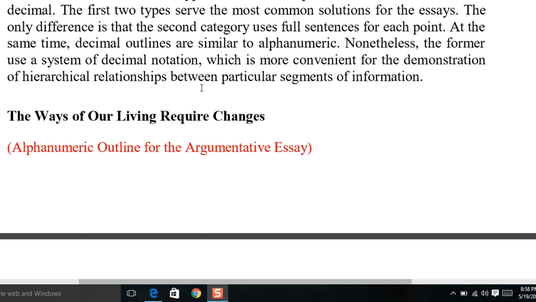Let's say, for example, you are writing a report on, let's suppose, robotics. Fine, you first write the word abstract, clear.